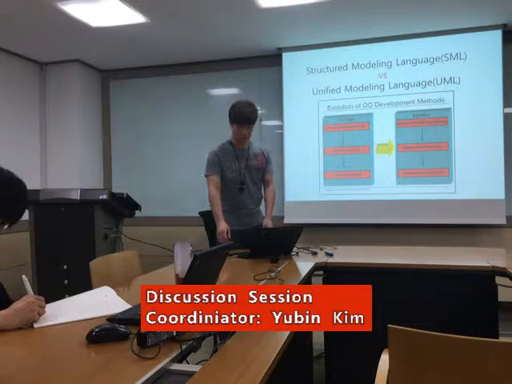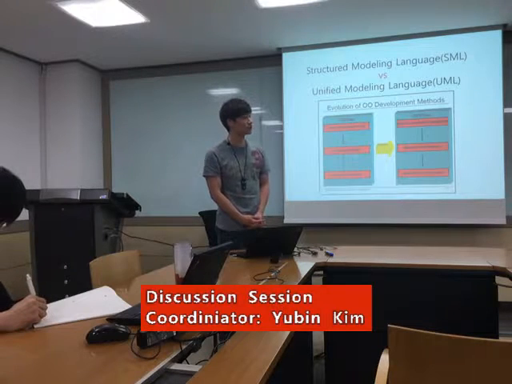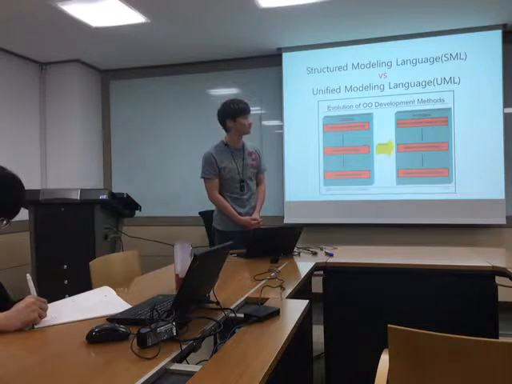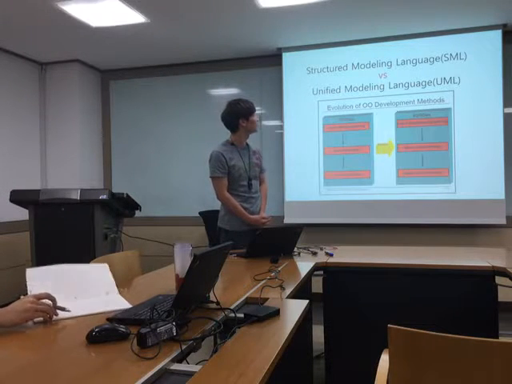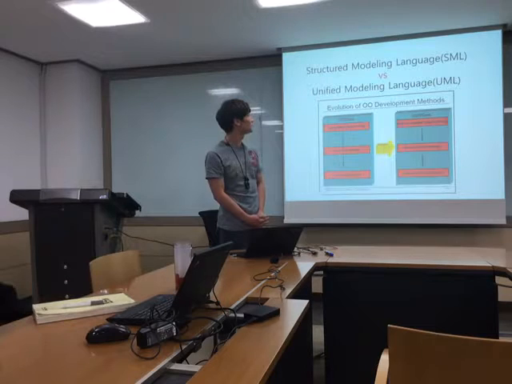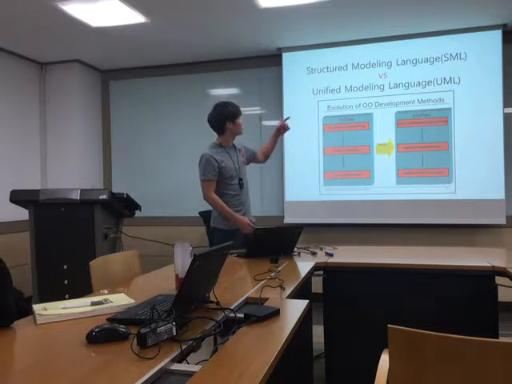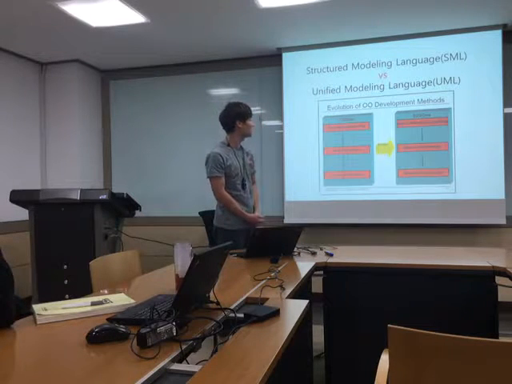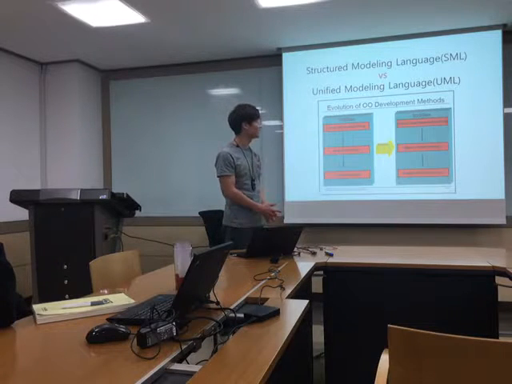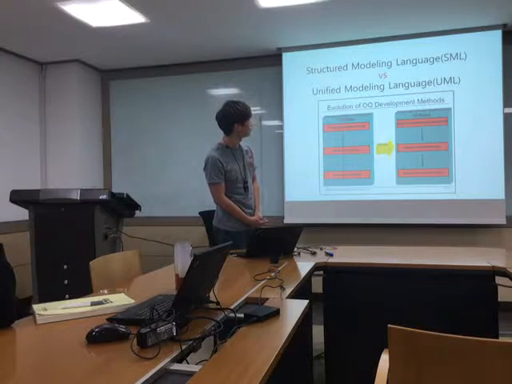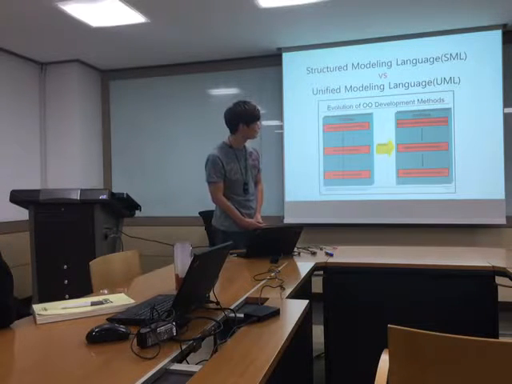Yes, I'll start my discussion session. The first question is about XML and UML. XML means the structured modeling language, and UML means, as you know, the Unified Modeling Language. This kind of XML, the structured modeling language, was used in the 80s or 90s, and UML is the language now in use.